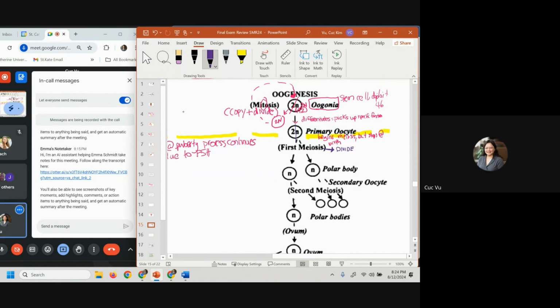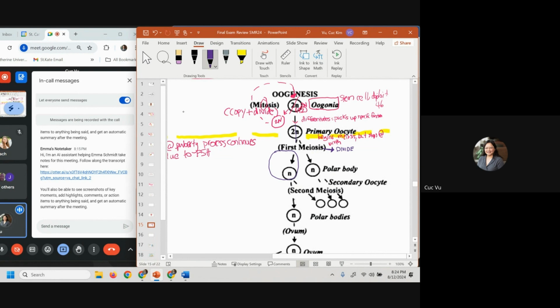Exactly. Because remember what we said about meiosis? Really, meiosis is a way to get rid of some chromosomes, right? So now this picture isn't quite accurate, okay? After meiosis 1 occurs and it divides, it's actually going to divide into one cell that's large and has all of the cytoplasm, the cytosol, the organelles, and then that one N. The other one essentially is just a way to get rid of that extra chromosome.